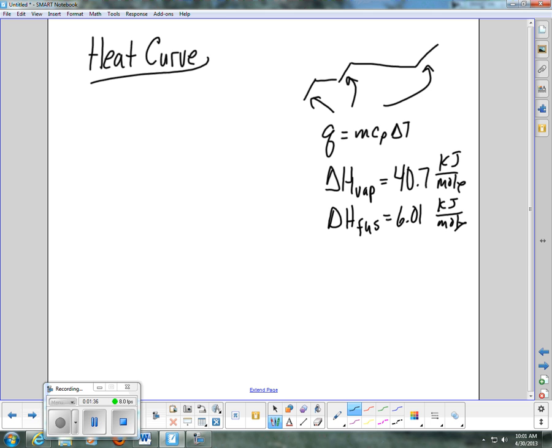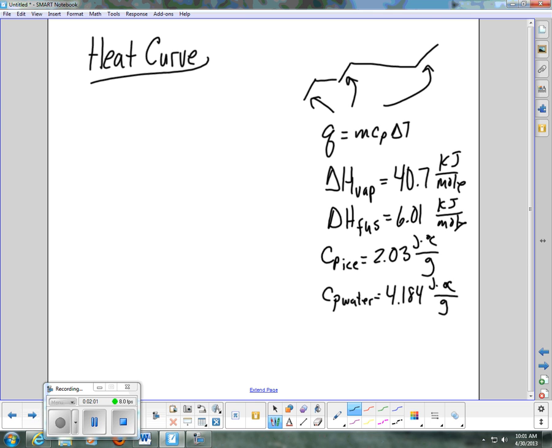The CPs are different for each of these different levels right here. So the CP for ice is 2.03 joules per gram degrees Celsius. The CP for water is 4.184 joules per gram degrees Celsius.